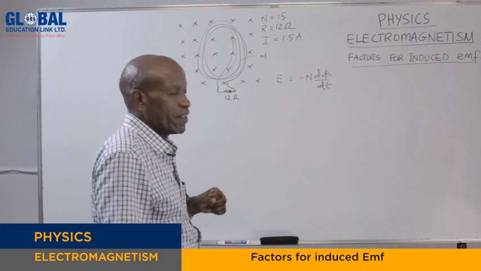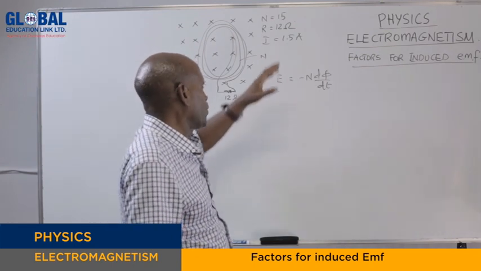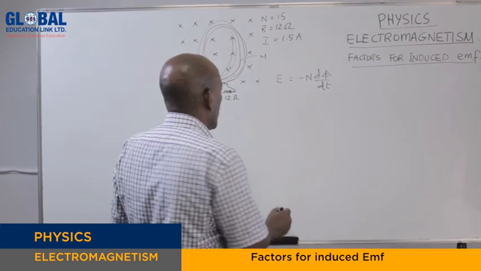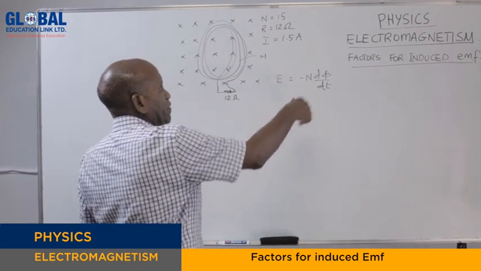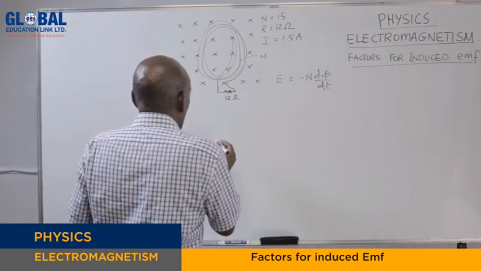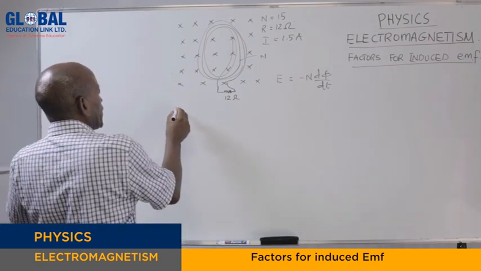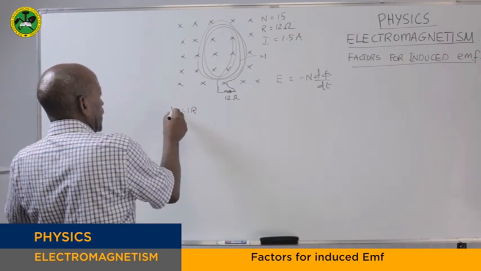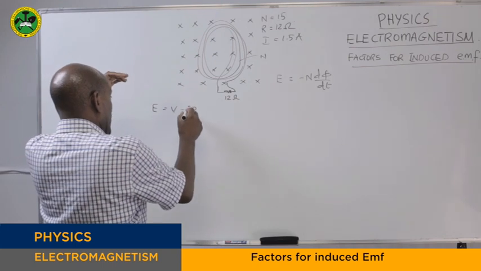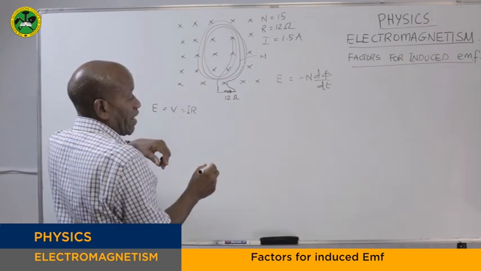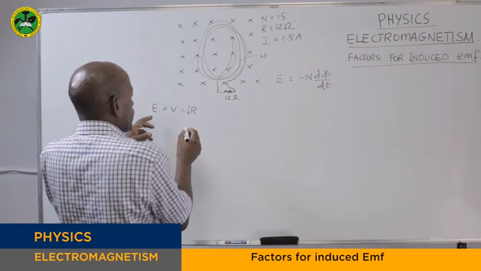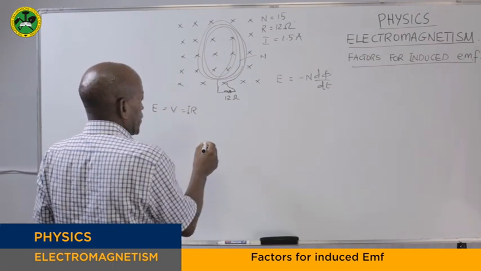Therefore we can use this particular data, using the Faraday's law equation to solve this. From Ohm's law, we know that V is equal to IR, and this is just like the EMF. The current I is given and the resistance R of the coil is known, so that we can find the induced EMF E in terms of volts.